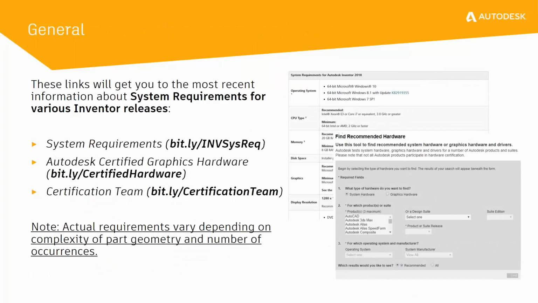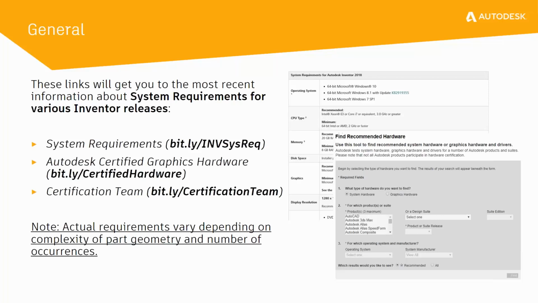Now, once you've got that information, if you are having problems, you can always come back to some of the commonly accessed areas that we point people to when they're trying to define a new system and understand the minimum and recommended system requirements for using Inventor. I've put some short links here that you can go directly to. If you do a Google search for them, you're more than likely going to find links to each of these yourself.